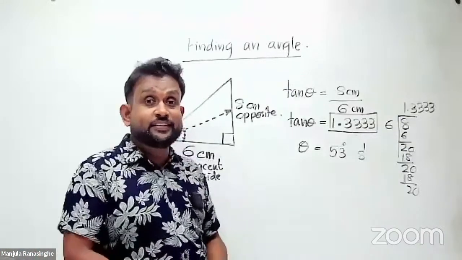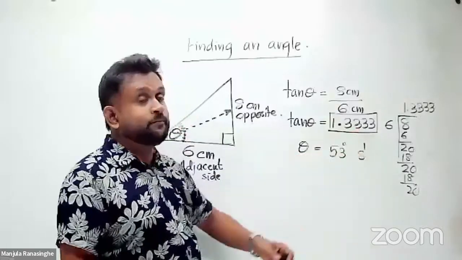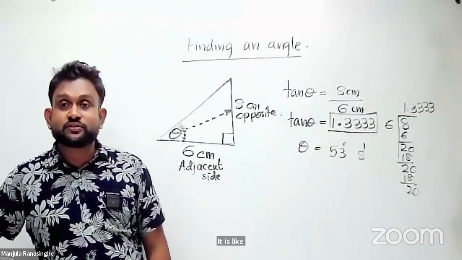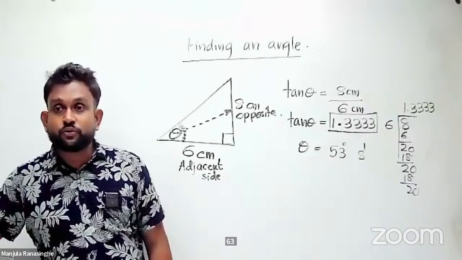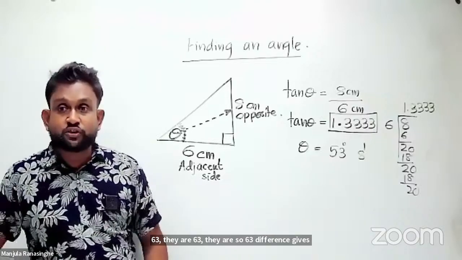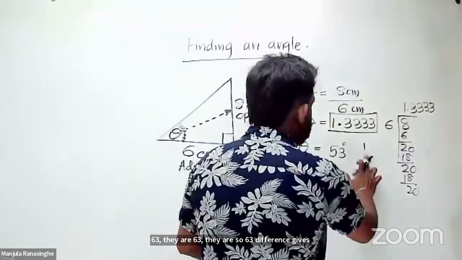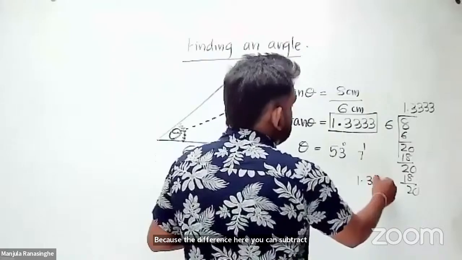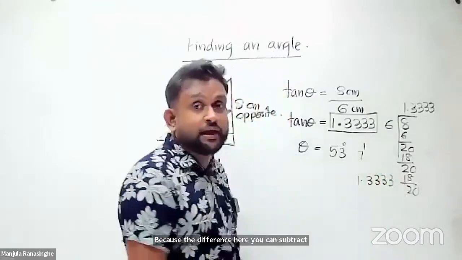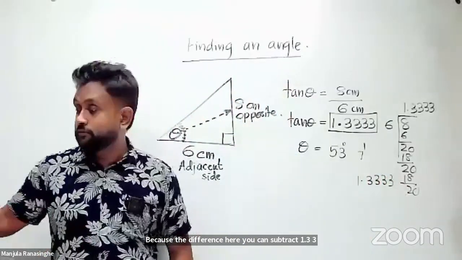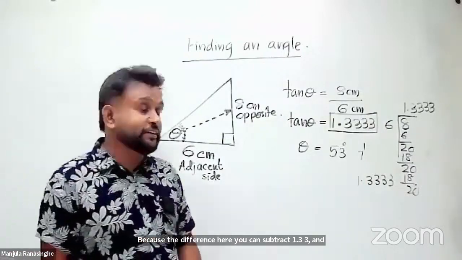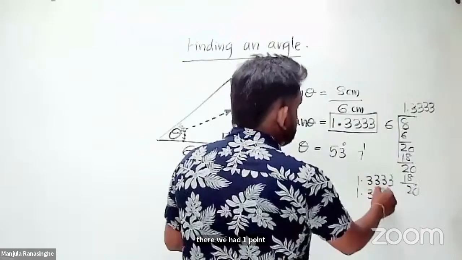So you can see that difference here. It is like 63 there, 63 there. So the 63 difference gives you 58. That shall be 7 minutes, 7 minutes. Because for the difference, you subtract 1.3270 from 1.3333.